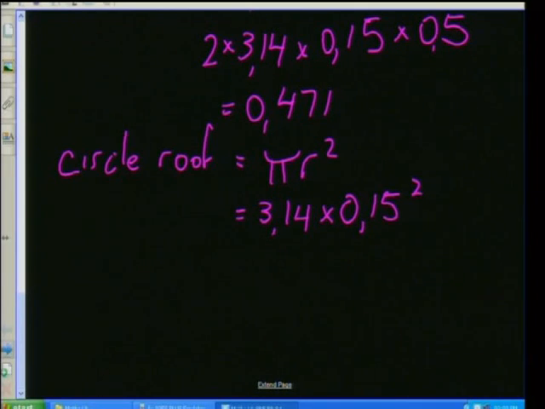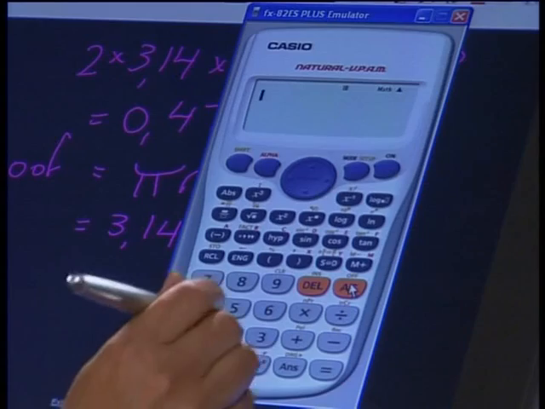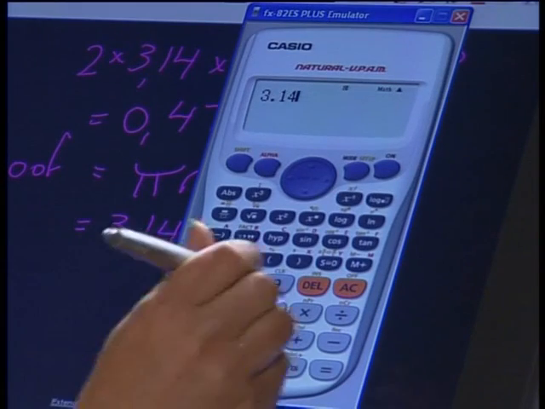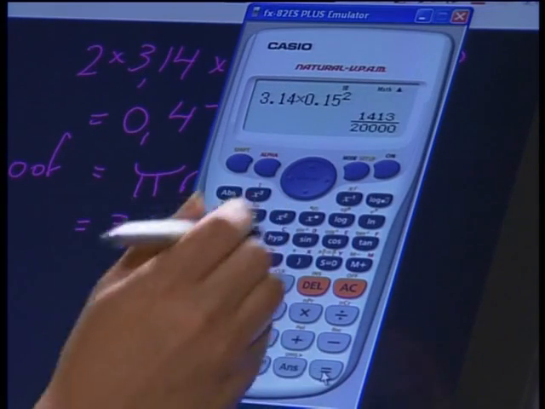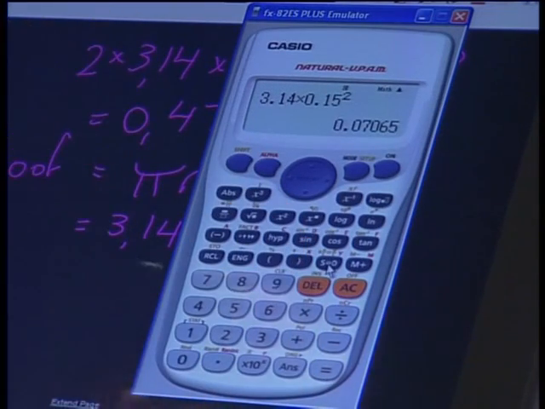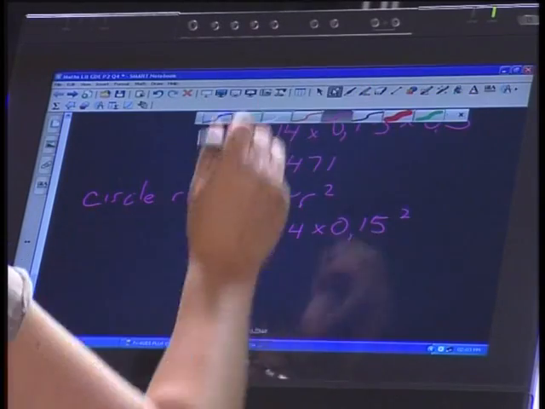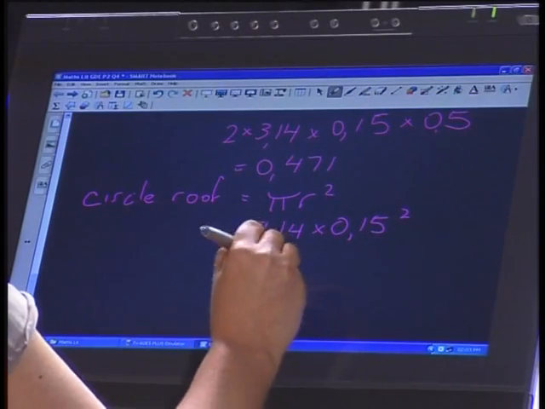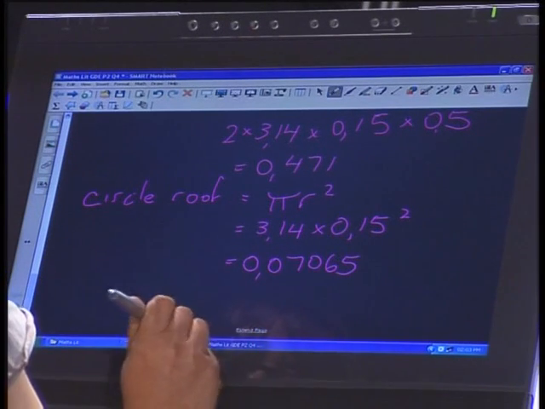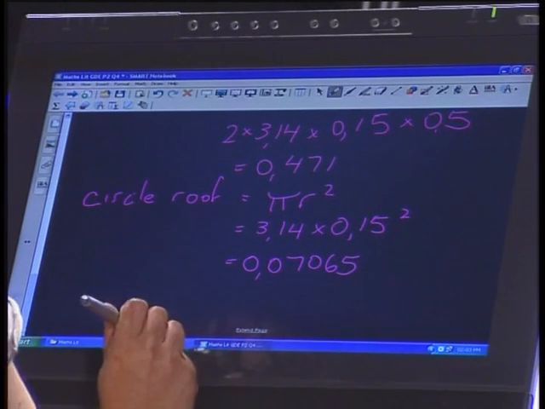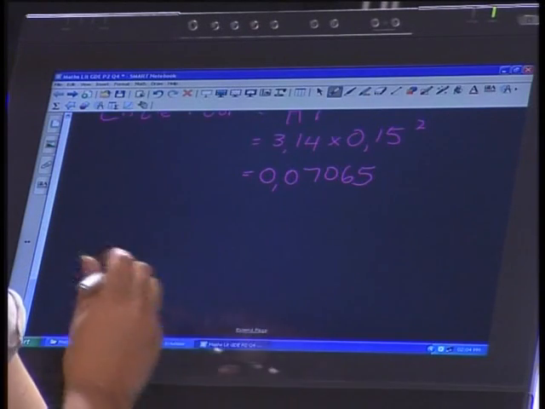So now let's get the calculator out. I've got 3,14 times 0,15 squared, and I've got an answer of 0,07065. Have I written that correctly, Agnes? Yes. Okay. Now, what other circle do we need to calculate?